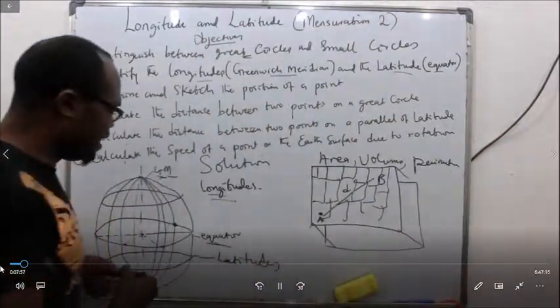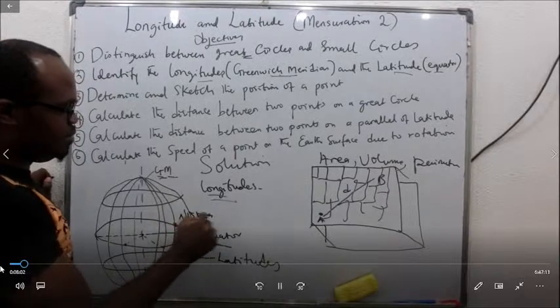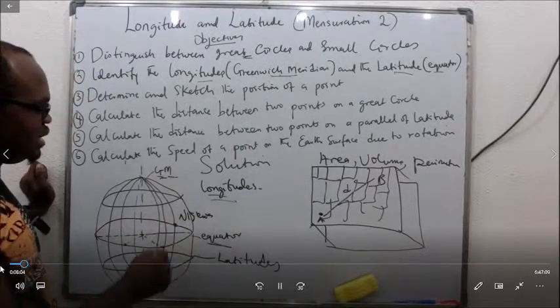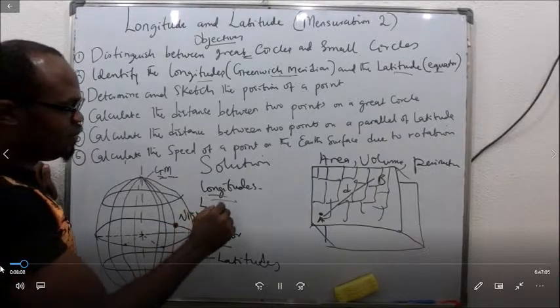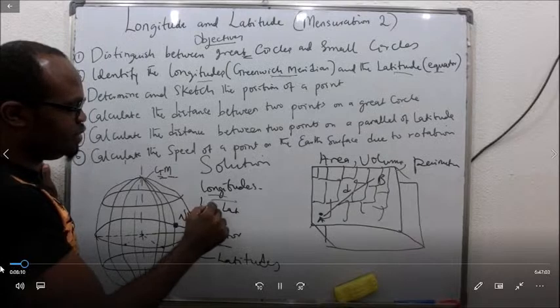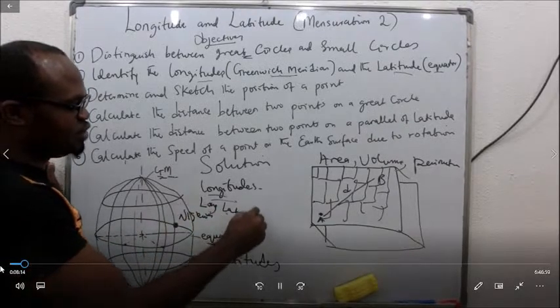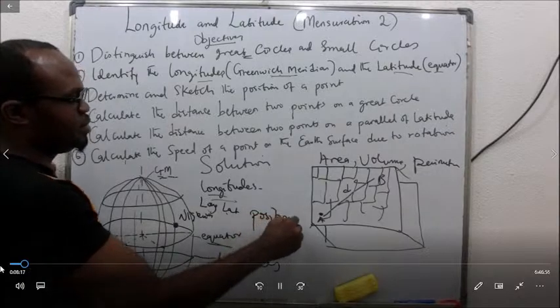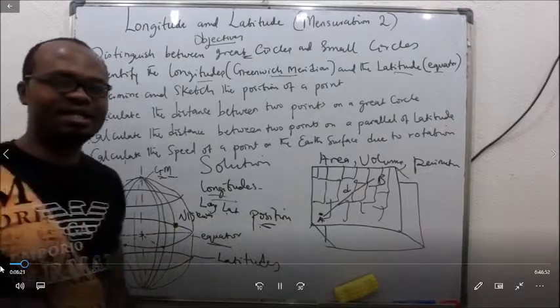So let's say you pick a point here, and this point is in Nigeria, maybe in Abuja or anywhere. If you locate this point, you can find the longitude and you can also find the latitude of this point. So when you give us the longitude and latitude, you're giving us the position of this point. So anybody that you tell that this is the position of this very point, he can easily locate it.